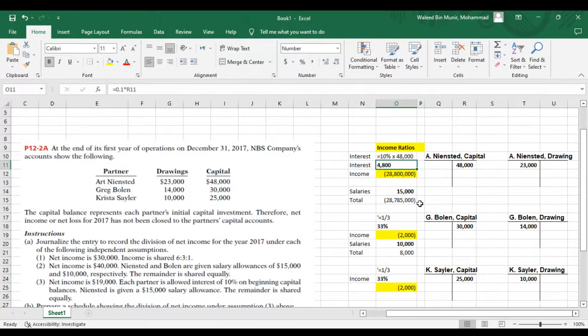Okay, clear? Okay, Doctor. So similarly for the next partner, how much interest he is going to get.